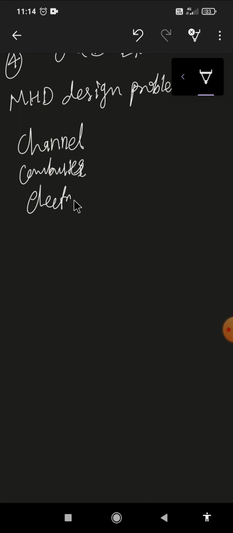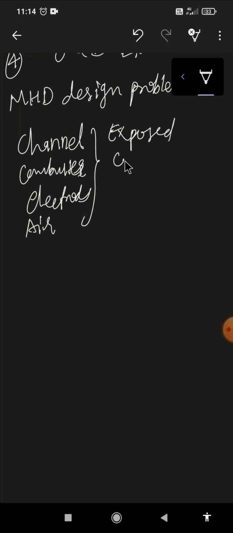The MHD generator channel, combustor, electrodes and air preheater are exposed to corrosive combustion gases.